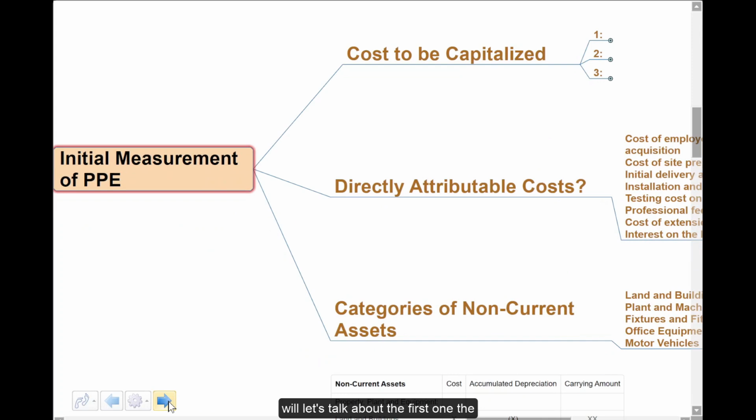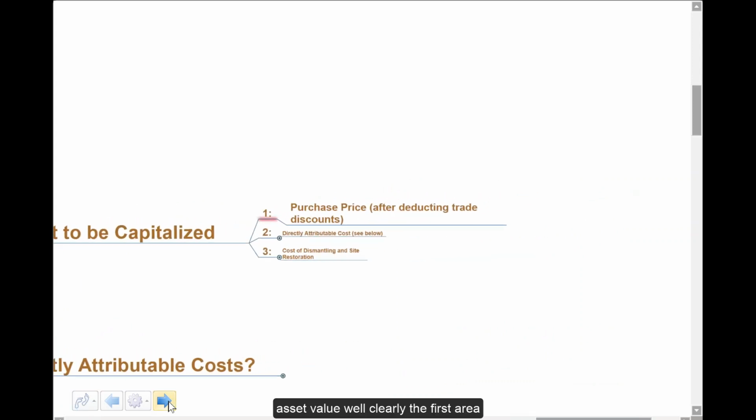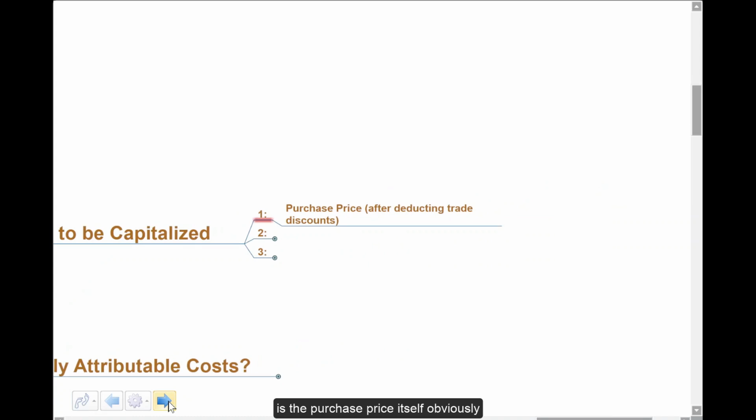Let's talk about the first one, the initial measurement. In other words, we acquire, we purchase in some way. Now, what can we capitalize? And what we mean by capitalize, what can we allow as asset value? Well, clearly the first area is the purchase price itself, obviously after any trade discount.